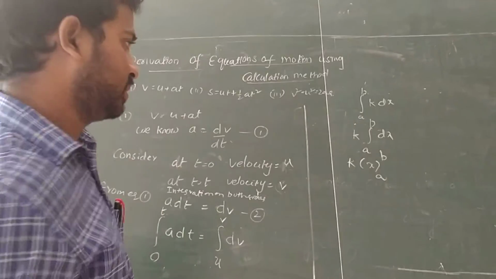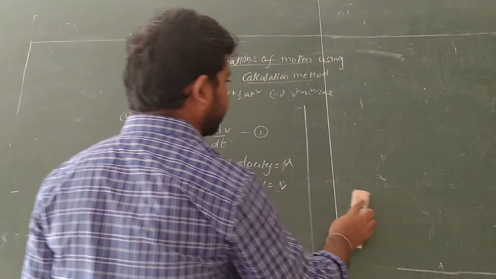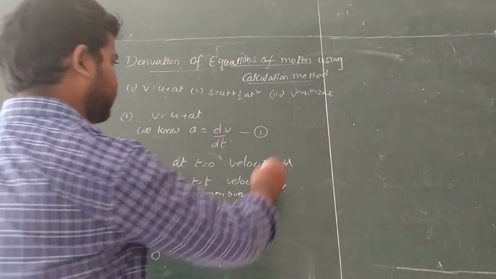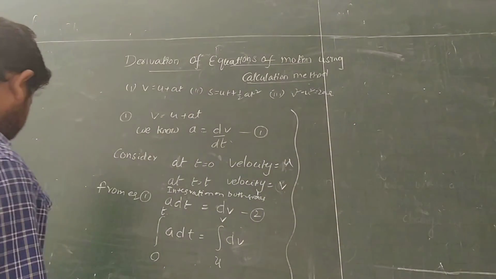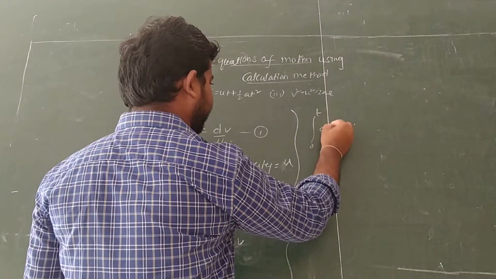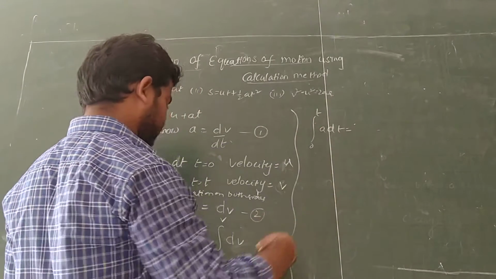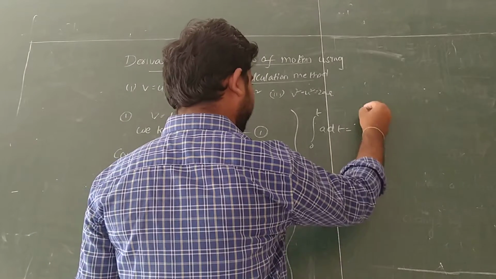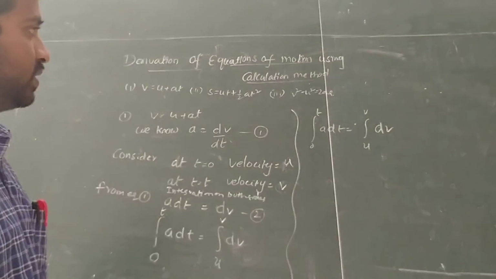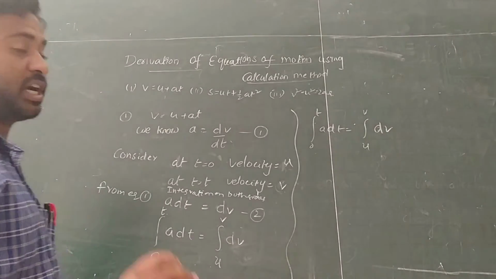Understand? Yes. See now, I am writing that on this side. Then it becomes integration of 0 to t a dt plus integration of u to v dv. So to derive these equations of motion, all objects are moving with constant acceleration.